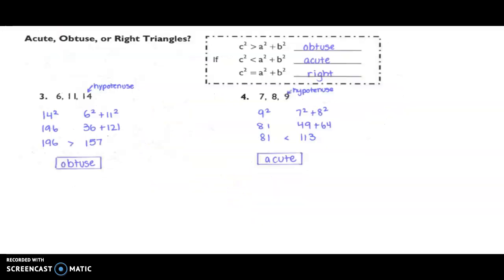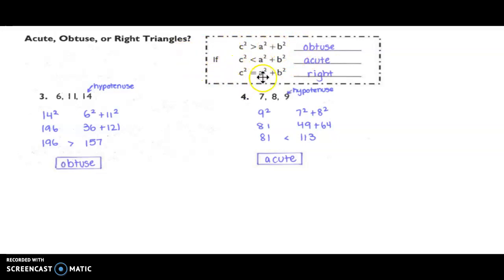And we remember the Pythagorean theorem is a squared plus b squared equals c squared, right? For any right triangle, where c is the hypotenuse. There's also this relationship here. C represents the longest side.